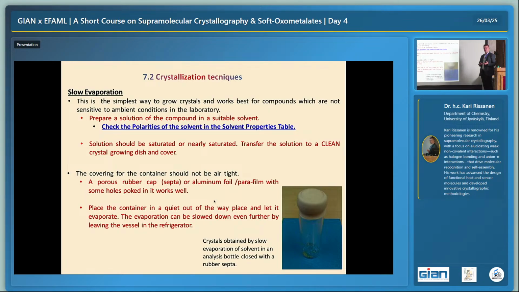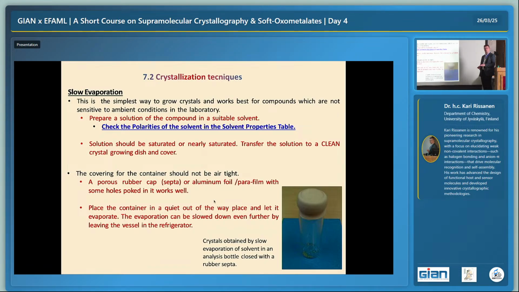That's quite intuitive when you're actually working with this kind of thing, because if you prepare it, you already know something about how your target behaves. That's the idea. Slow evaporation.